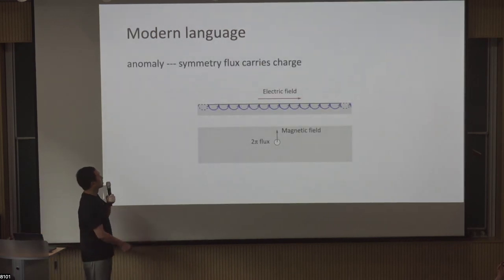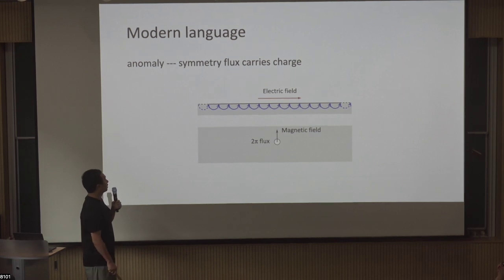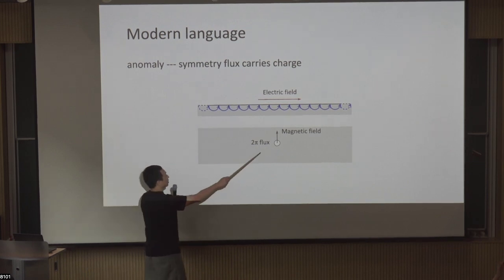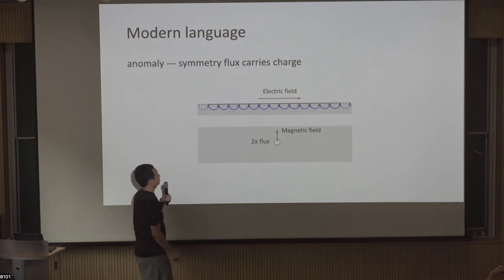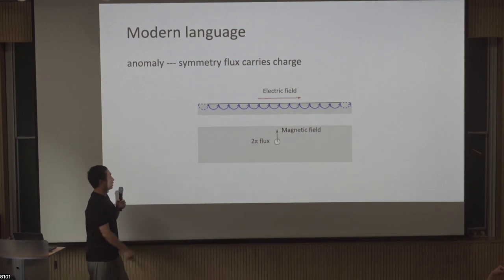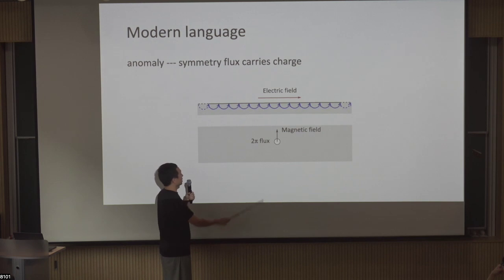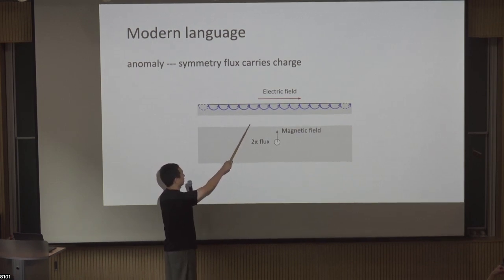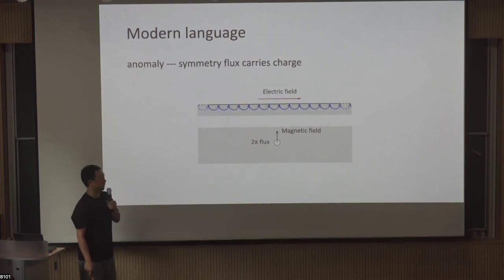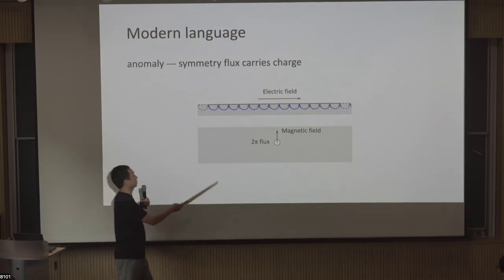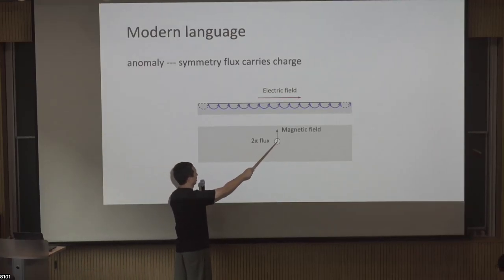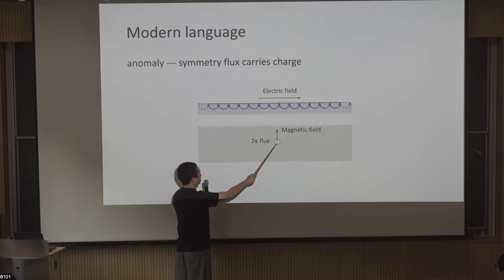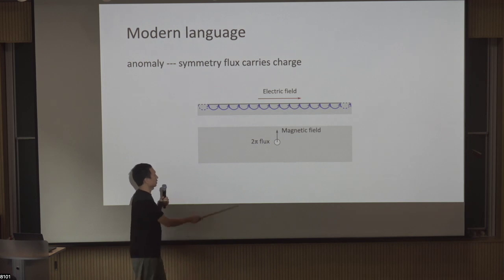So in this context, the mixed anomaly means the symmetry flux will carry the charge. Well, in this context, it's easier to see. It's just rephrasing the source of the electric field. So we can apply an electric field like dA/dt, or we can just imagine we insert a magnetic flux in the bulk and increase the strength of the flux.